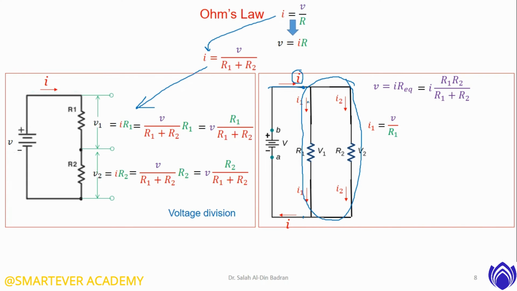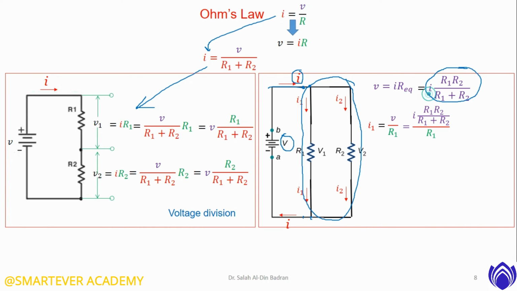We need to find I1, so we need the voltage V1 across R1. But this voltage source is connected between this point and this point. So the voltage V1 is the same as the total voltage, the voltage source. So V1 is equal to V. The current is equal to V over R1. V is equal to this formula.